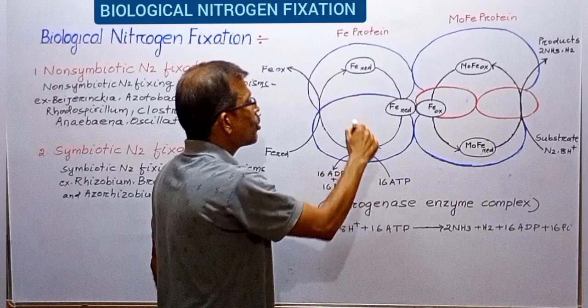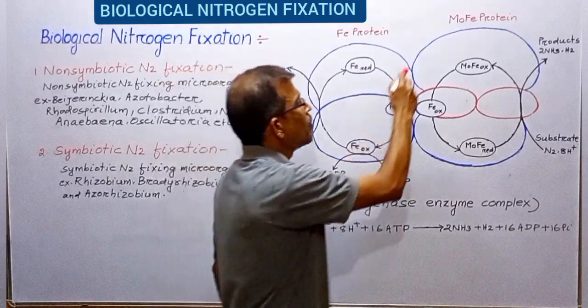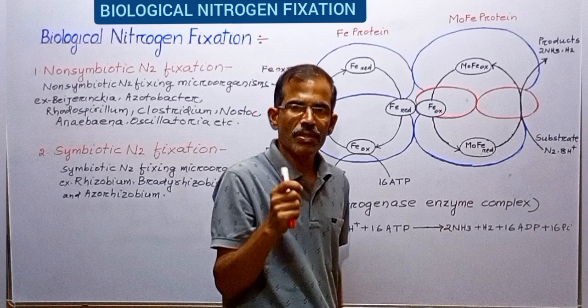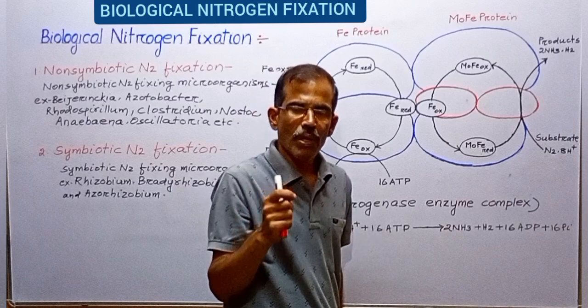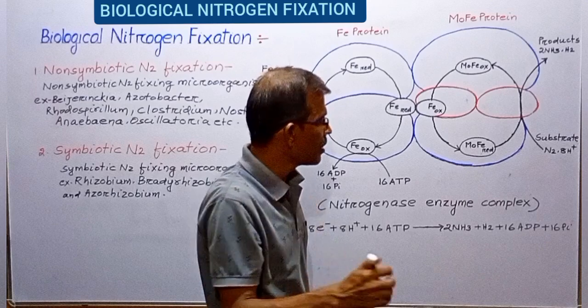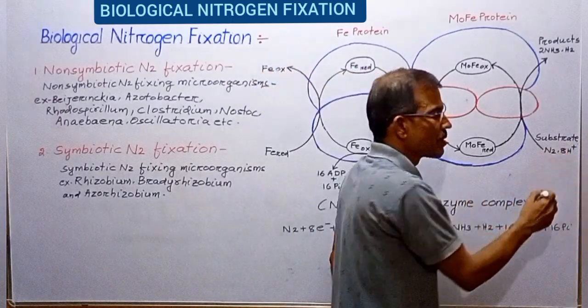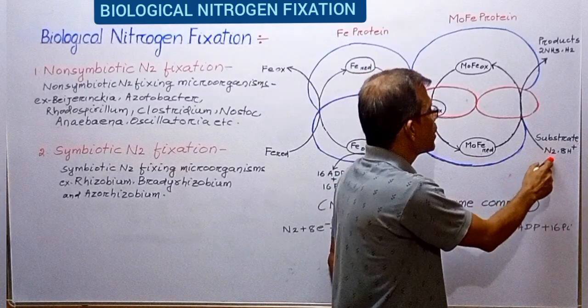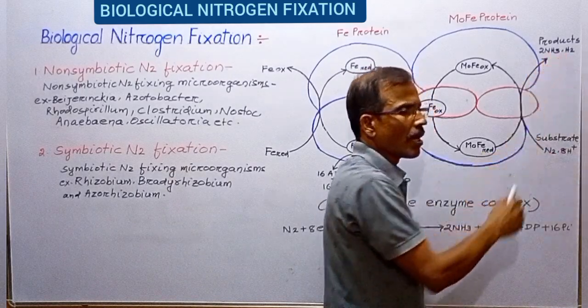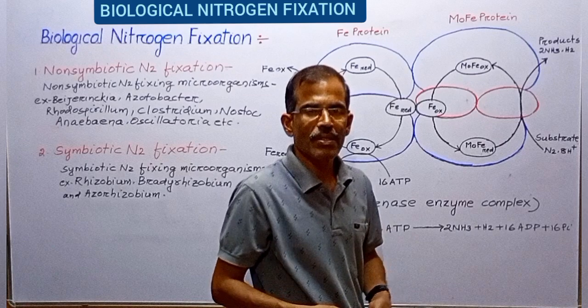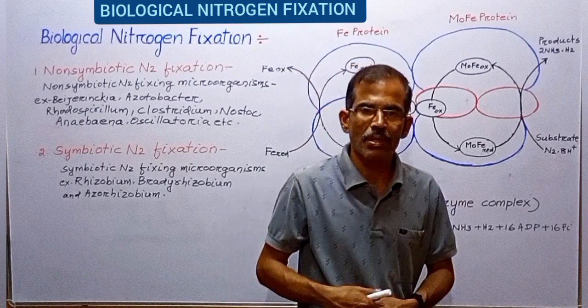So Fe protein reduces MoFe protein, which then can reduce numerous substrates. But under natural conditions, MoFe protein reacts only with N2 and H+, as a result of which molecular nitrogen is reduced to ammonia. So friends, this is all about different aspects of biological nitrogen fixation.